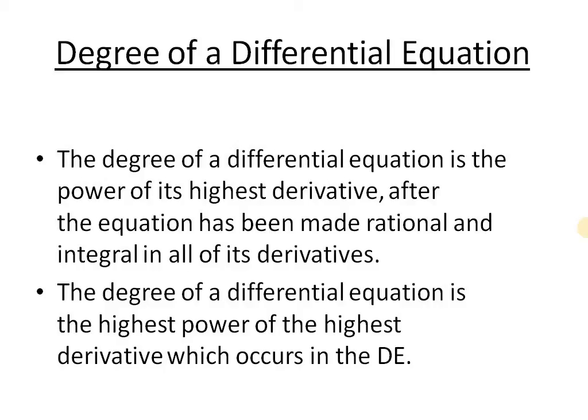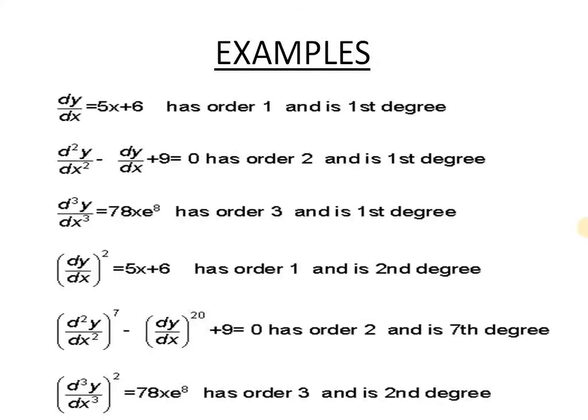Then looking into the second equation, d²y/dx² - dy/dx + 9 = 0. Here we have two derivatives, the first derivative dy/dx and the second derivative d²y/dx². So the highest derivative occurring is the second order derivative d²y/dx², and the order of the differential equation is 2.